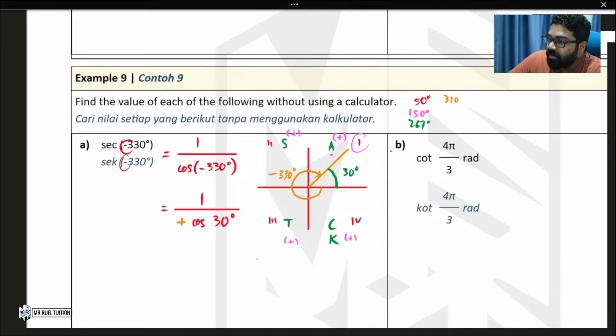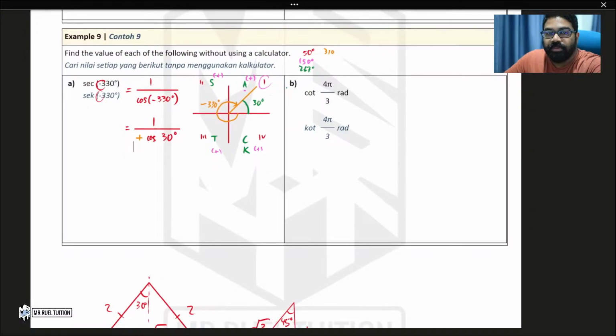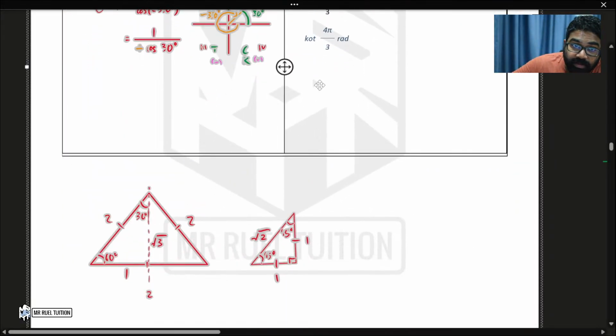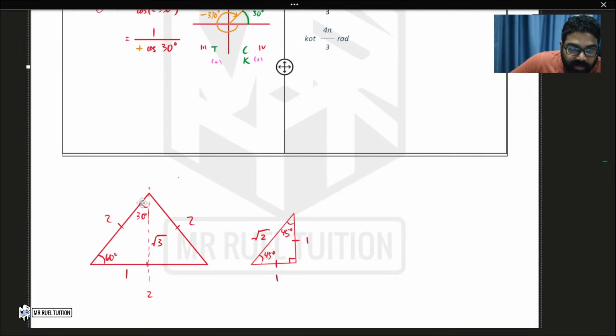Okay. Alright. So what is cos of 30? You have to use your triangle, because this one we can't use a calculator, right? What is cos of 30? Look at this. 30 is here. Cos is adjacent over hypotenuse, right? Adjacent is root 3, hypotenuse is 2.